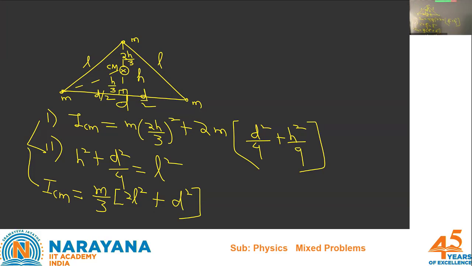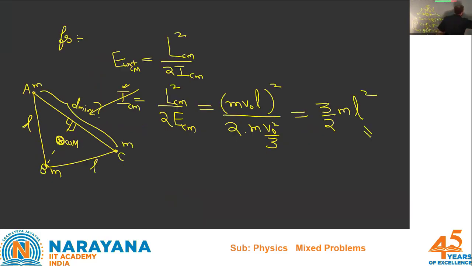Just a small recap. If I want to write the moment of inertia, whichever way you are comfortable, you need to have this expression. If you had this expression of ICM, I can directly jump back to the problem, and I would have directly said that this should be equal to m by 3 multiplied by 2L square plus D min square.